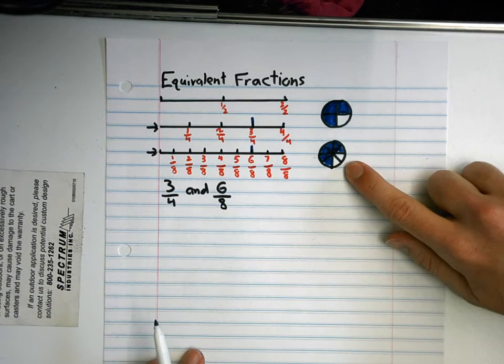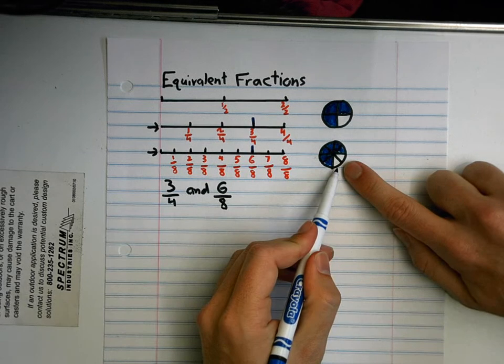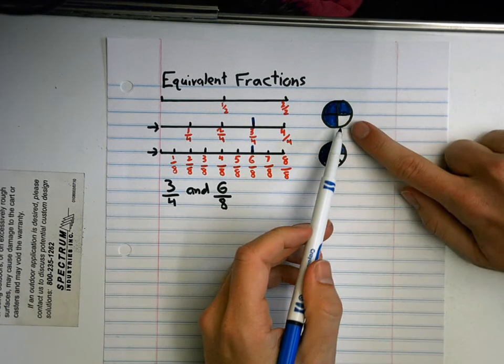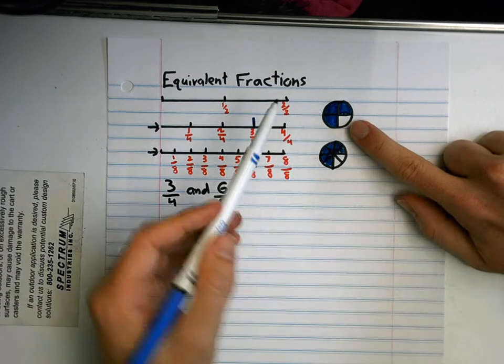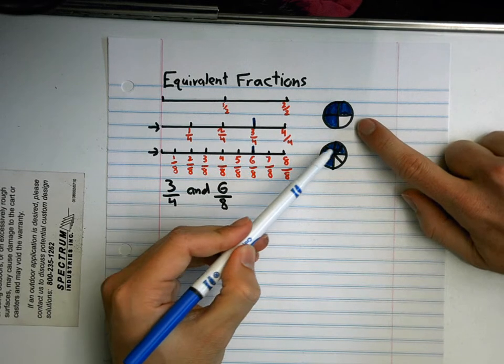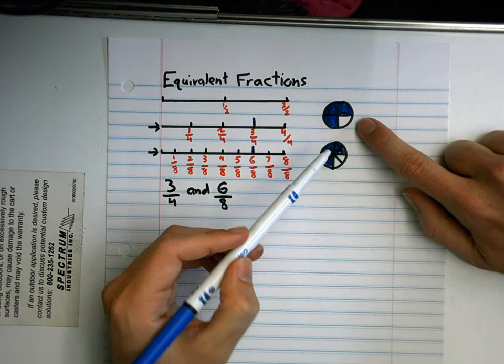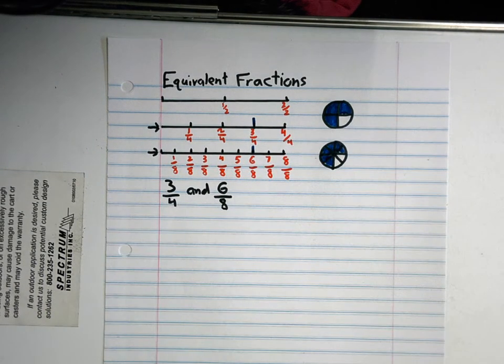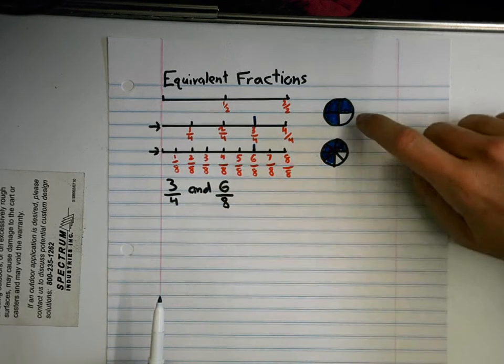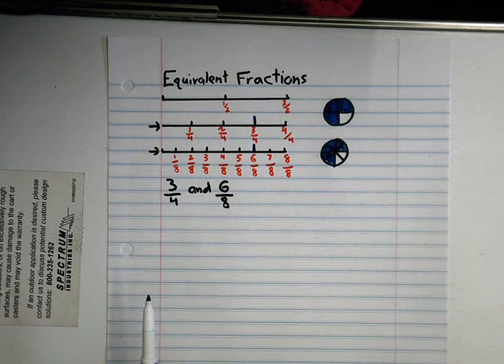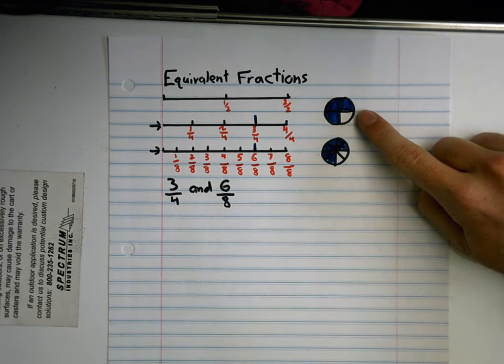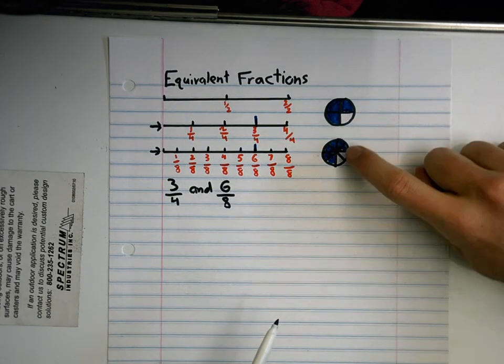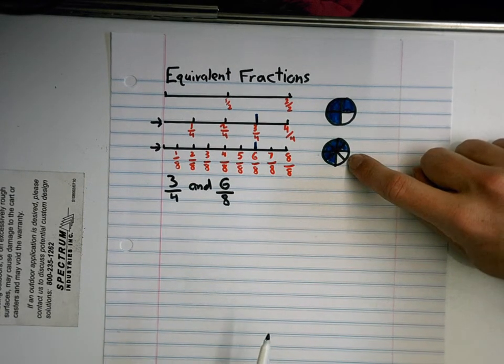And look, I have these 2 pieces here, but don't these 2 pieces equal the same as this one piece that's left open? And these 3 pieces are the same as these 6 pieces. So see how even though I took the same size circle, I colored in 3/4 of one and 6/8 of the other.